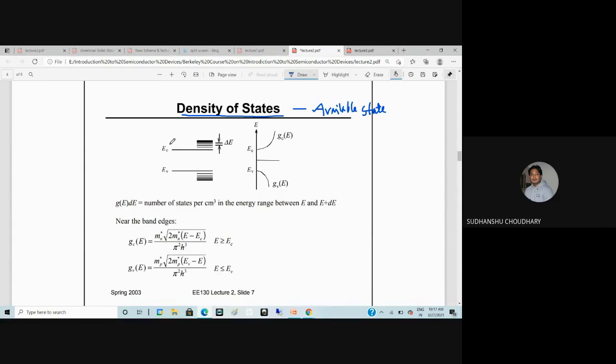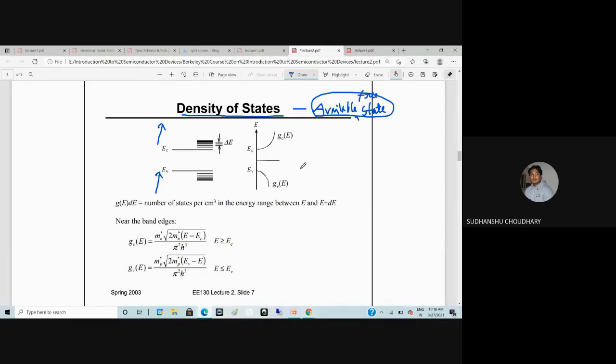So all the energy levels in the conduction band must have available states. Each energy level may be associated with some free states, available free states.